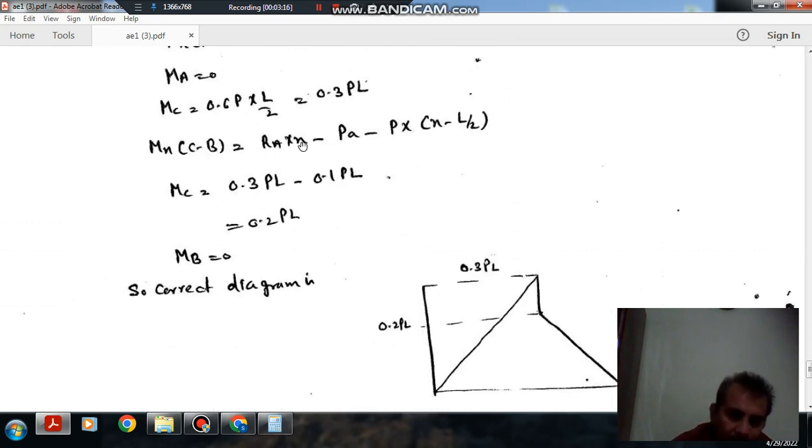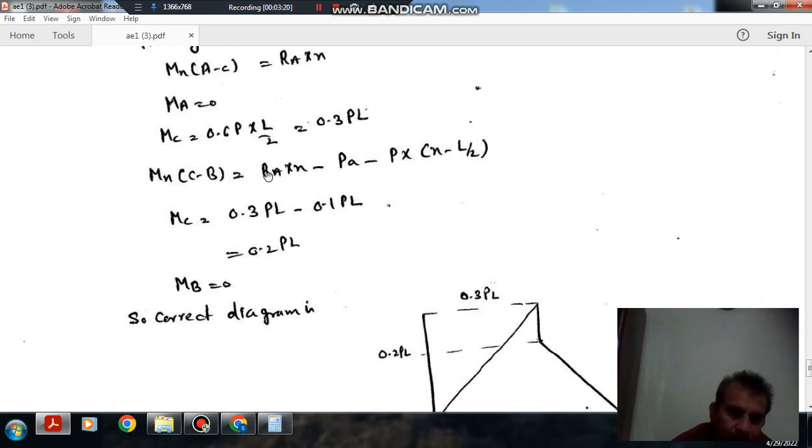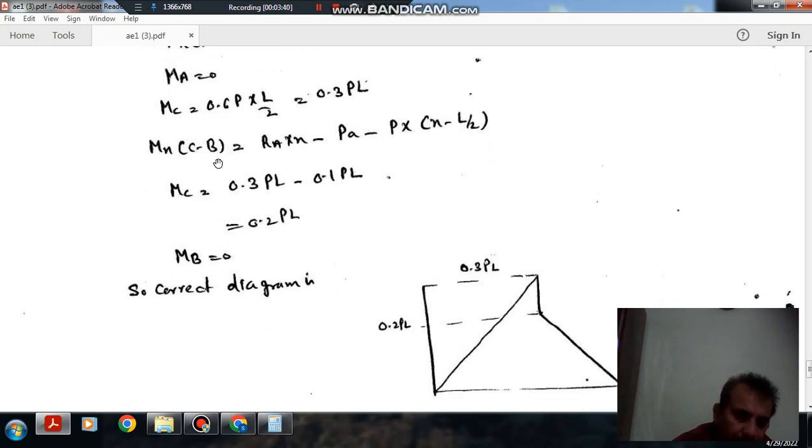So if we put x equal to L by 2, then we get MC, which will be 0.2 PL. That is different from the previous one, because there is a sudden change in bending moment at point C. So this is without the point moment and this is with the point moment. And if we put x equal to L, then MB will be 0.